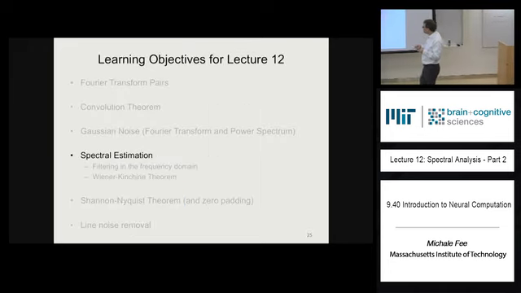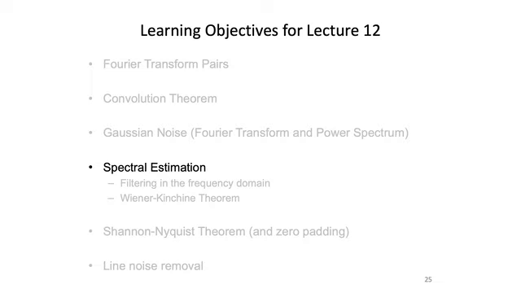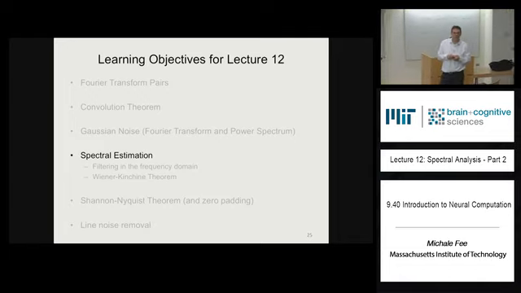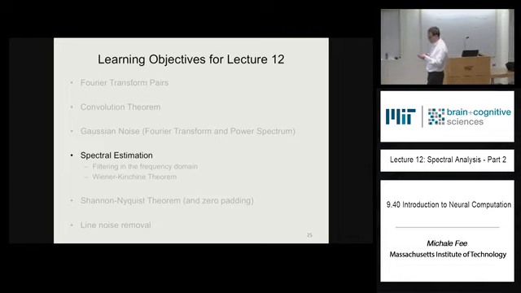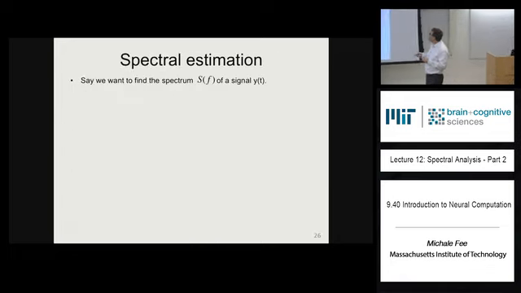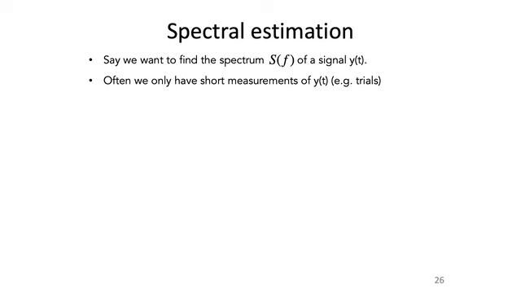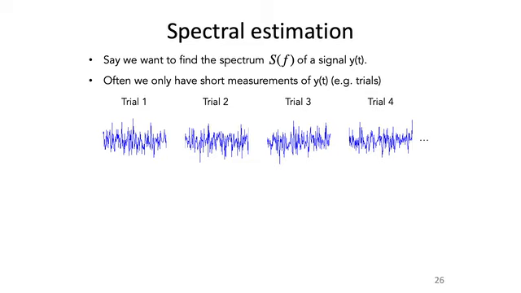Okay. All right, so now let's turn to spectral estimation. How do we estimate the spectrum of a signal? So let's say you have a signal, S of t, and you have a bunch of short measurements of that signal.